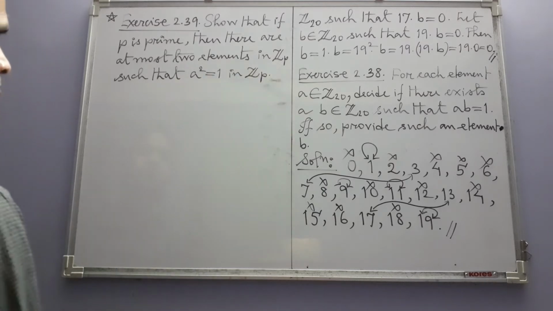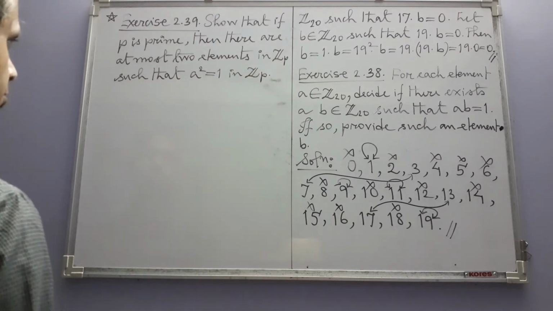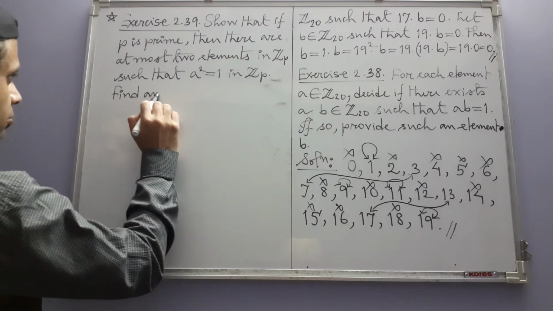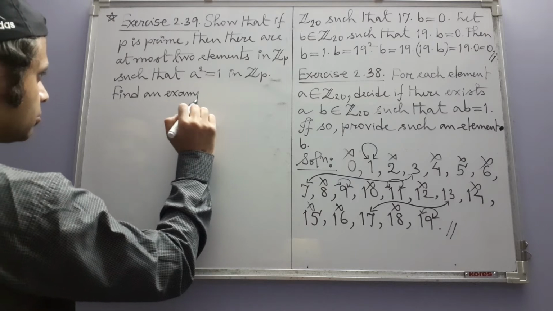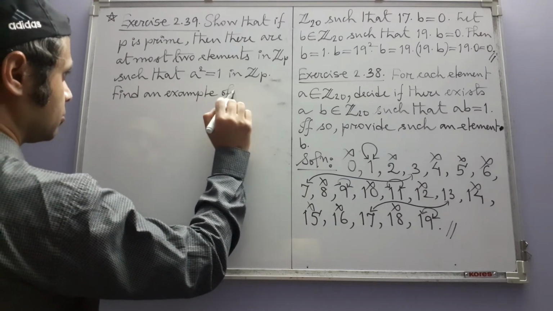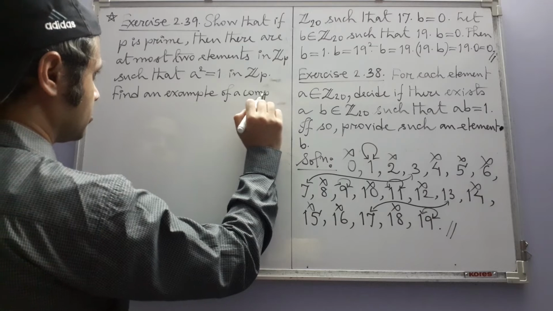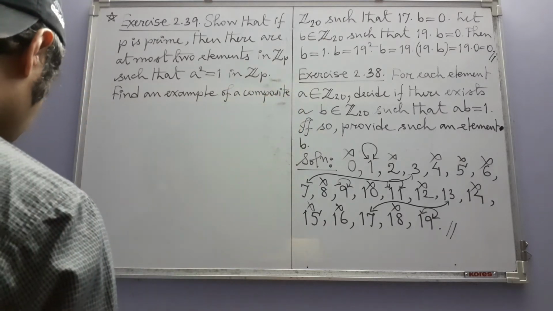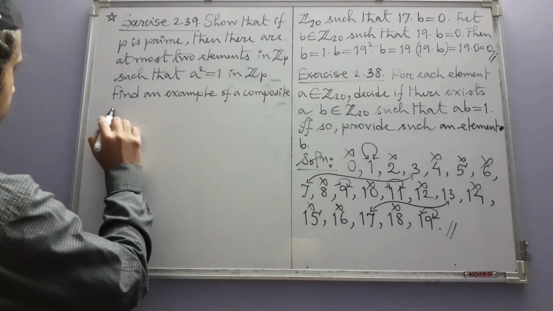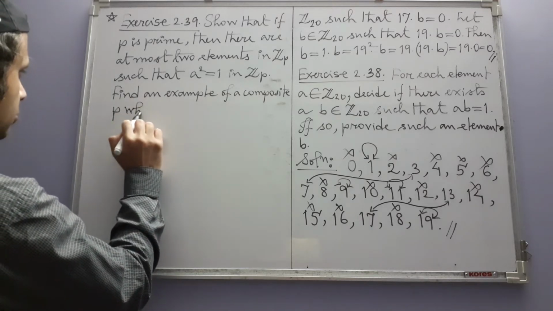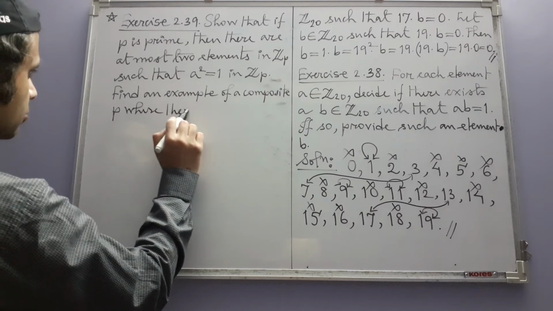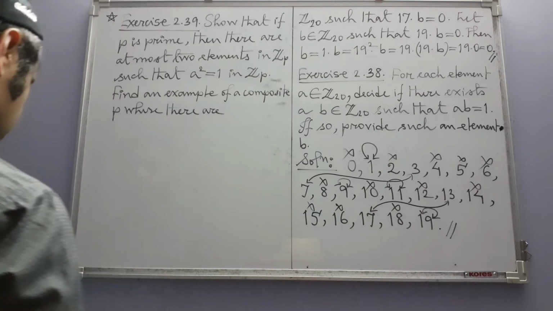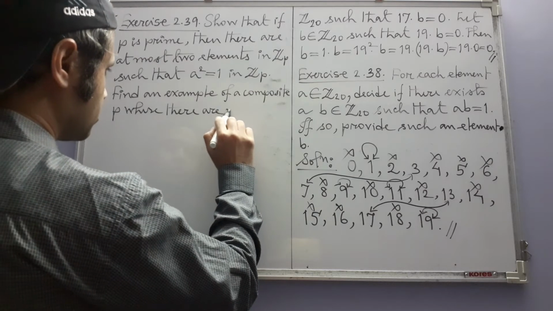Find an example of a composite P where there are more than 2 solutions.